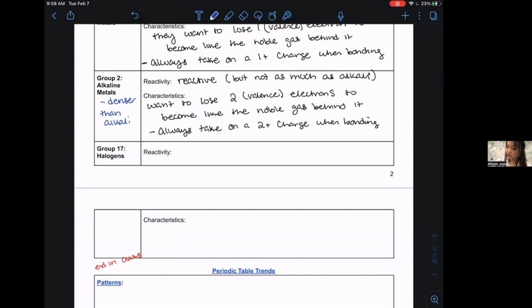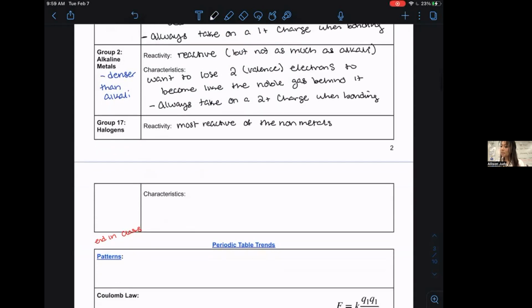Okay, halogens. Reactivity wise, they're the most reactive of the nonmetals. Can anyone tell me why? Can anyone make a guess based off the pattern that you're observing from the previous?